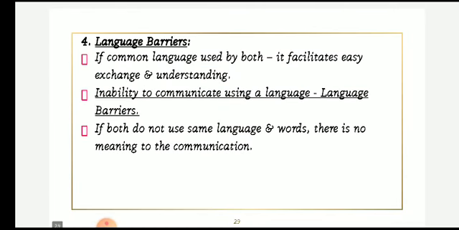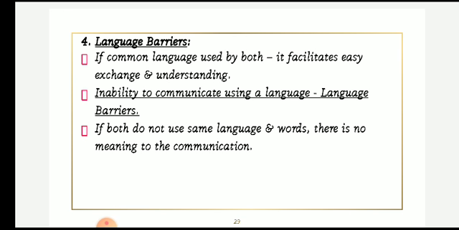Next, the fourth one is the language barrier, a very important one. Okay, we know a language should always be used during communication which is understood by both parties, sender and receiver, who are interacting with one another, making communication with one another.